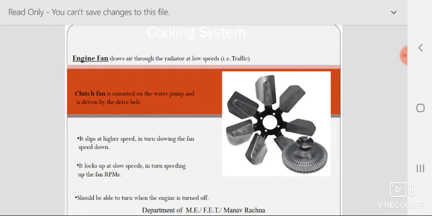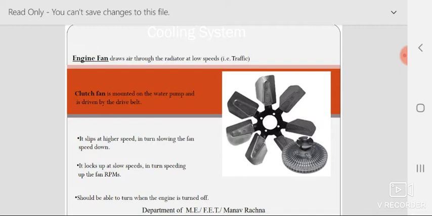Then we come to the engine fan. The engine fan draws air through the radiator at low speed. That is in traffic. When you are in high traffic, the speed is less, the engine speed is less, the heat generated is less.